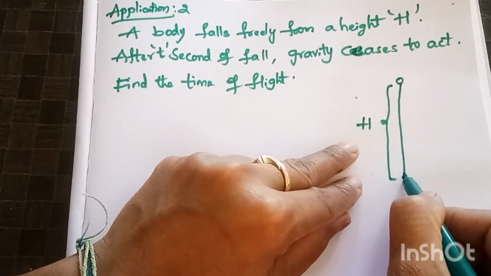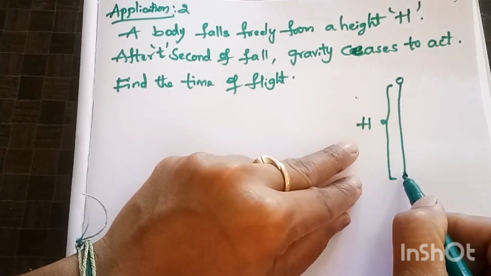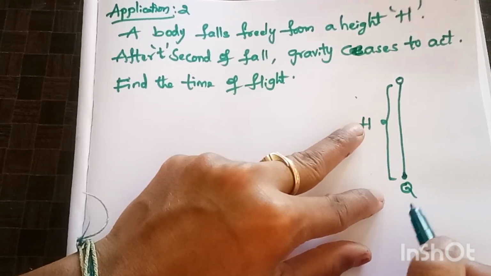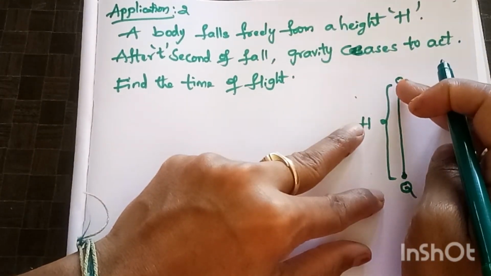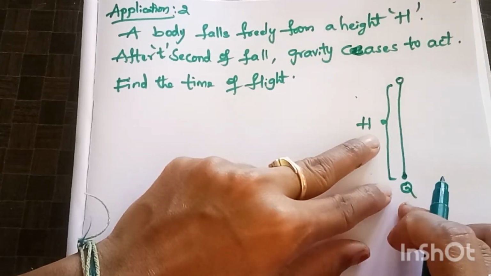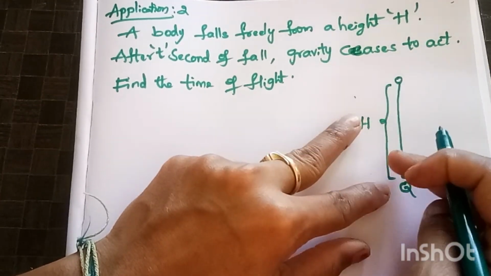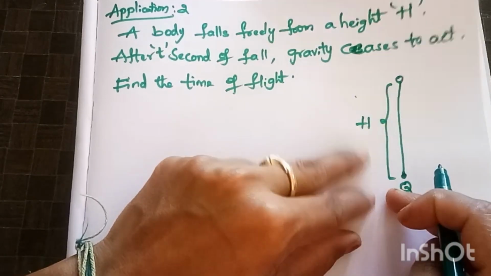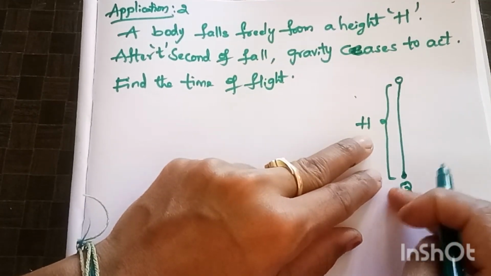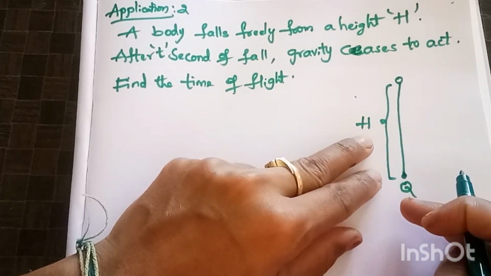This is the point at which the body reaches the ground, and we are considering this point as q. Height h means it is reaching the ground, so the distance traveled by the body is height h, freely falling towards the ground.